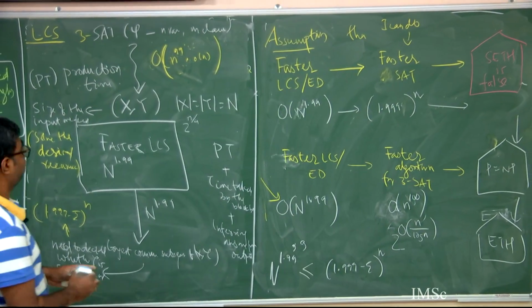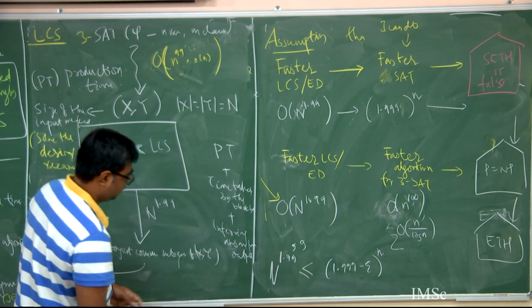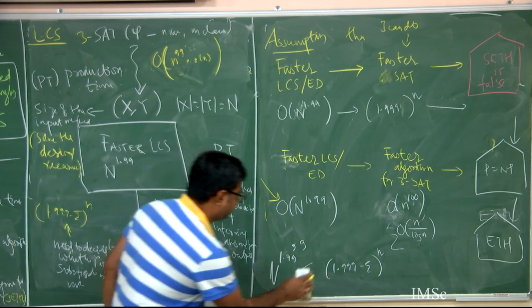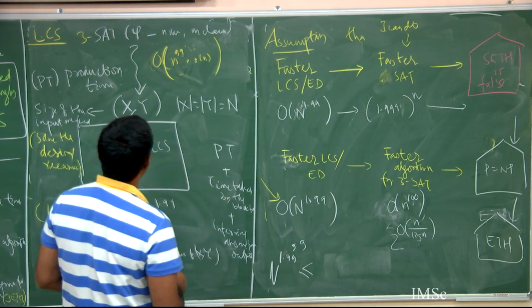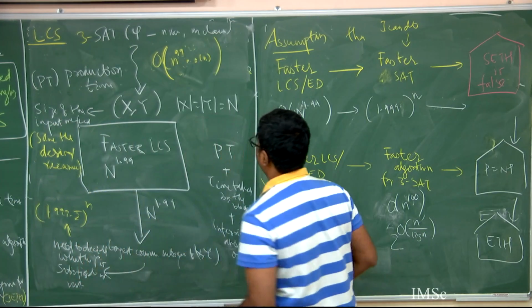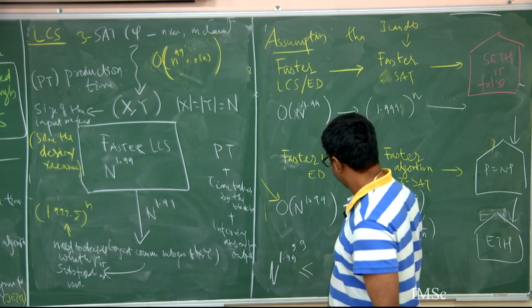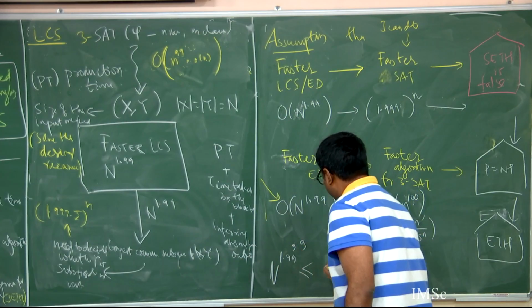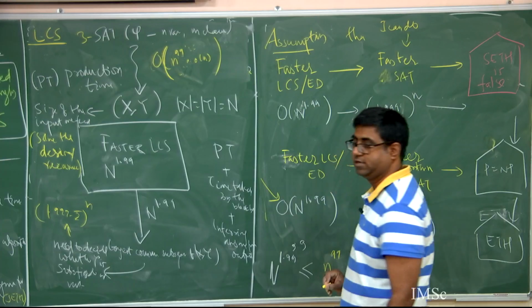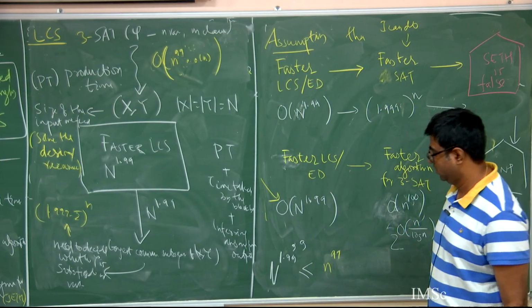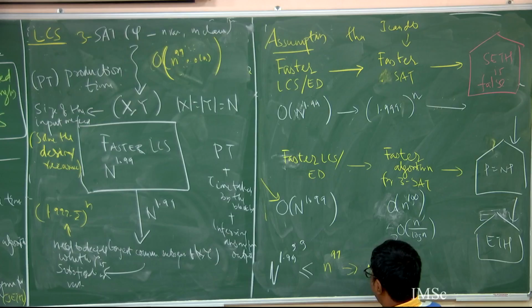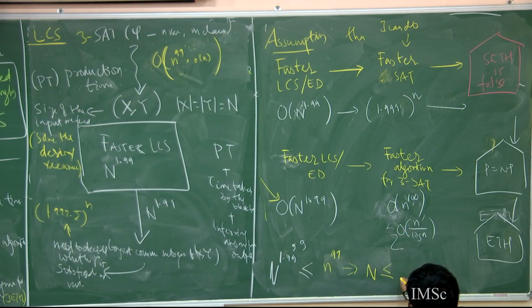Now, what should be x and y? Well, I go back, but now I solve a different recurrence. Forget little o of n, then I would be solving this, which should be less than or equal to n to the power 99. So this implies that n should be less than or equal to n divided by 99 divided by 1.99.